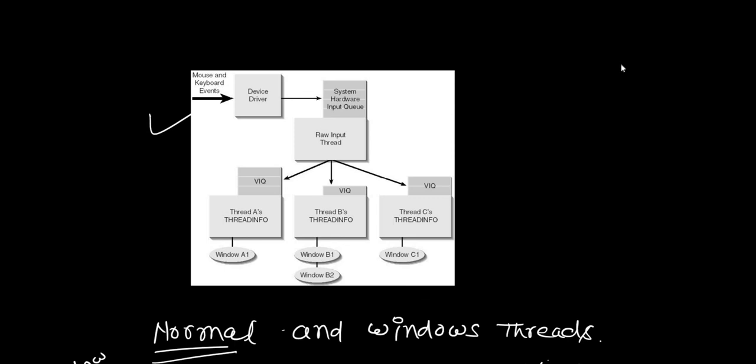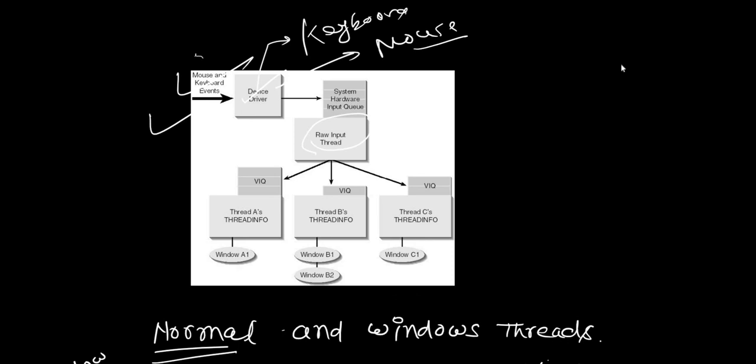You can see this is the raw input thread, which gets initialized in the beginning, and this is the system hardware input queue to which the raw input thread is listening, right? Suppose any mouse or keyboard event happens. The associated device driver, whether it is associated with a keyboard or with a mouse, takes that and puts the message into the system hardware input queue.